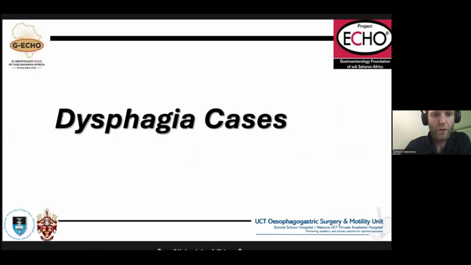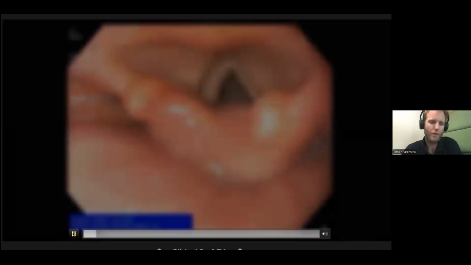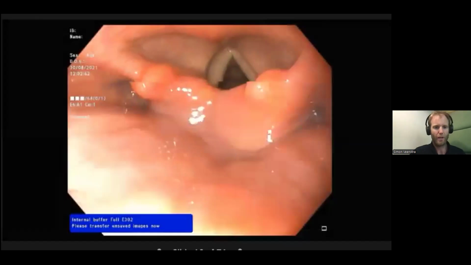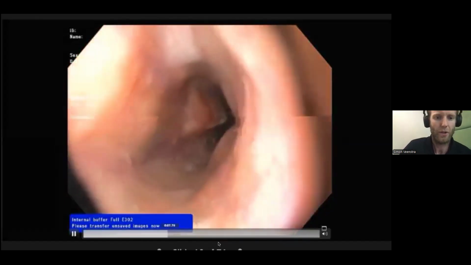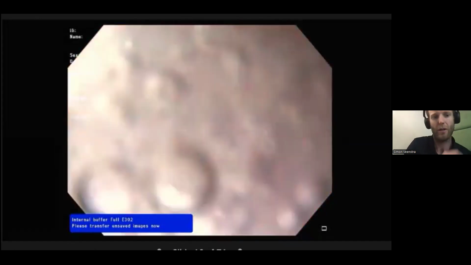So the first few cases we're going to show don't really have much in the way of patient history, but from an endoscopic perspective, let me just see if it's going to work. Yeah, so the first few cases are just some esophageal cancers. So we can see going down into the mid-esophagus, and there's this nodular lesion.